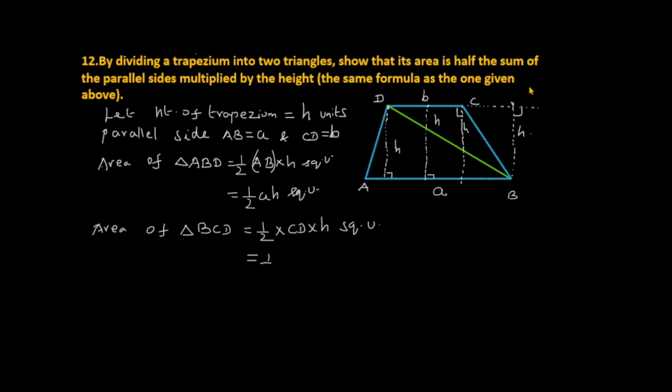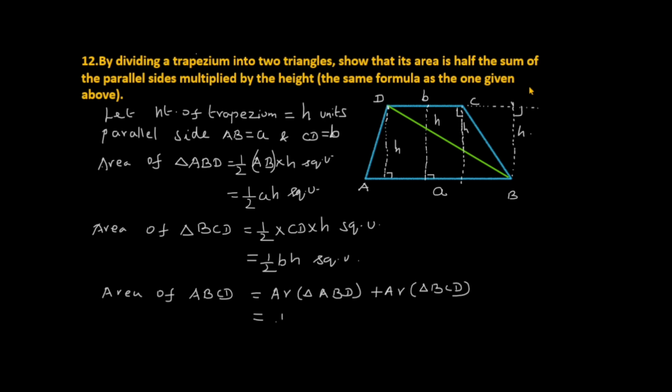So CD length is B units, B H square units. Now area of trapezium ABCD is equal to area of triangle ABD plus area of triangle BCD.